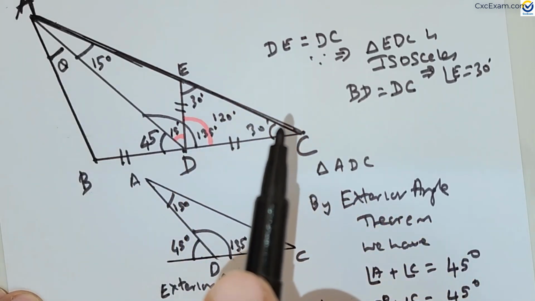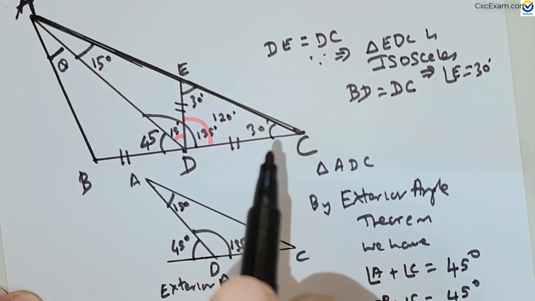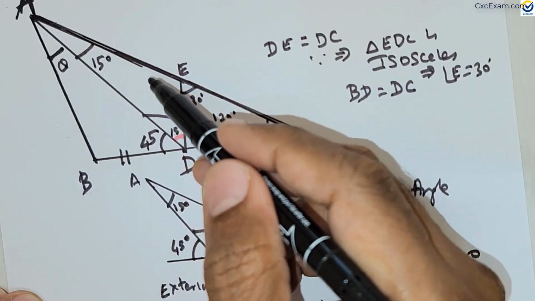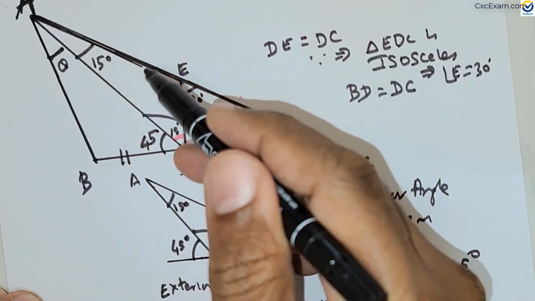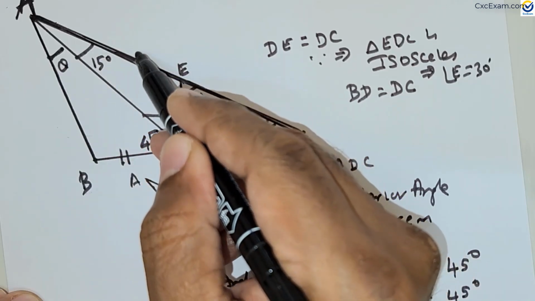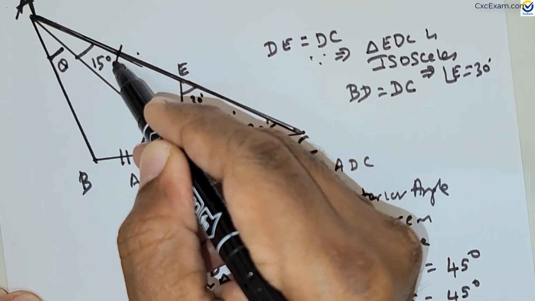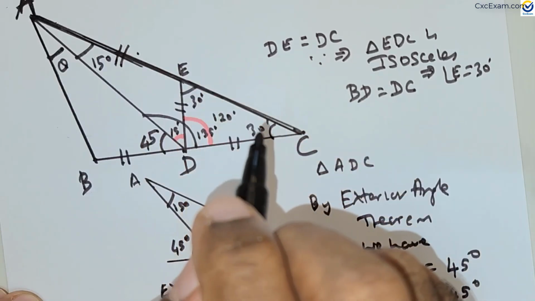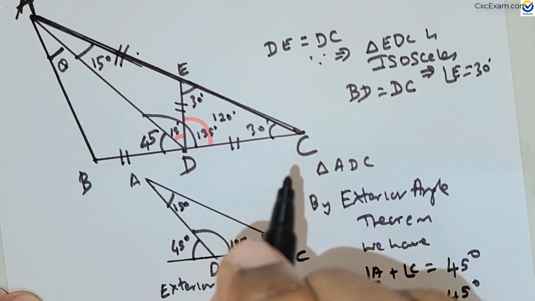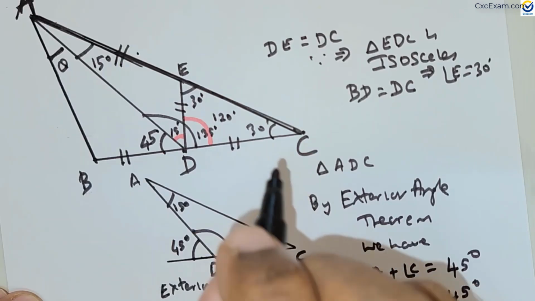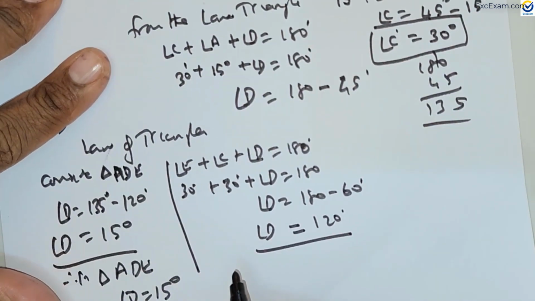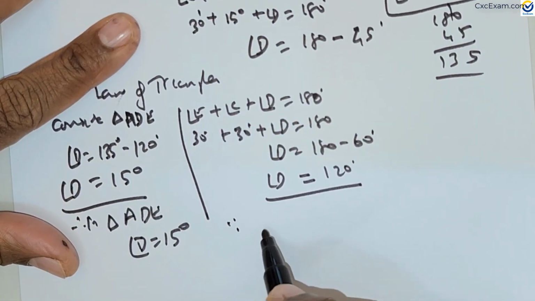Now clearly you see we have 15 degrees here and 15 degrees there. That means DE and AE are going to be one and the same, so these two lines are the same. What is the meaning of it? We still have an isosceles triangle there.